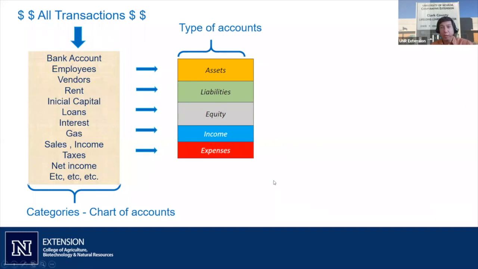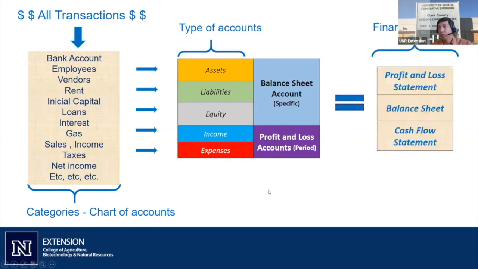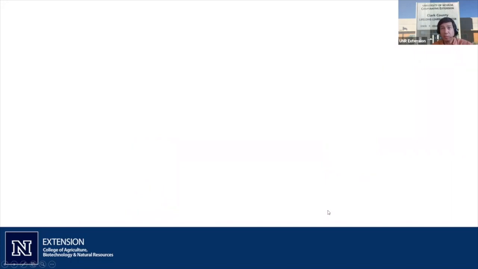And with these types of accounts, we are going to produce these nice reports: balance sheet and profit and loss. From these financial reports, we can do ratios, cash flow statements, and a lot of other things. So keep this in mind, and let's move on to the exercises and examples.